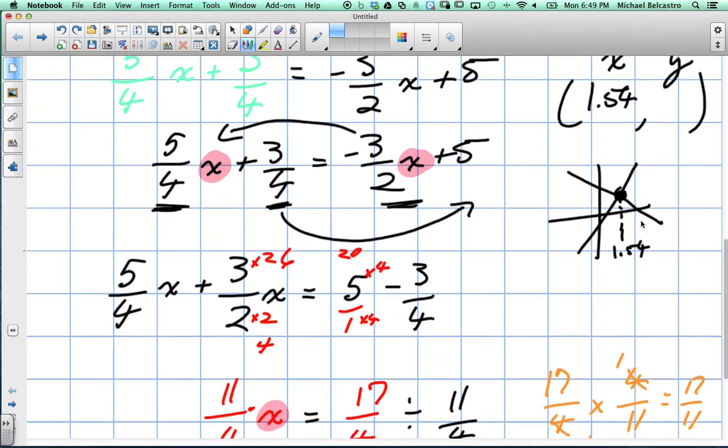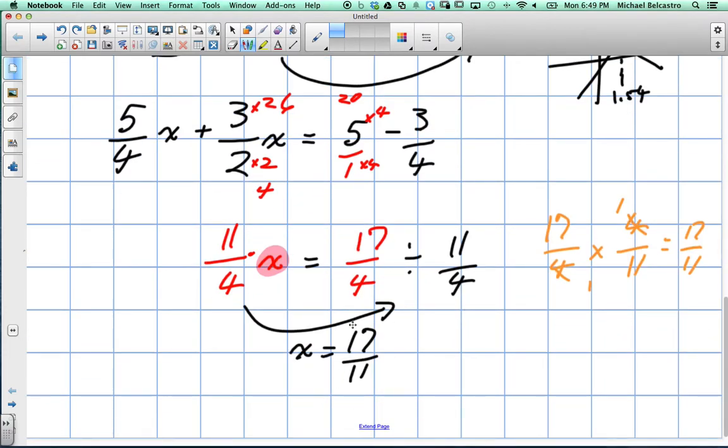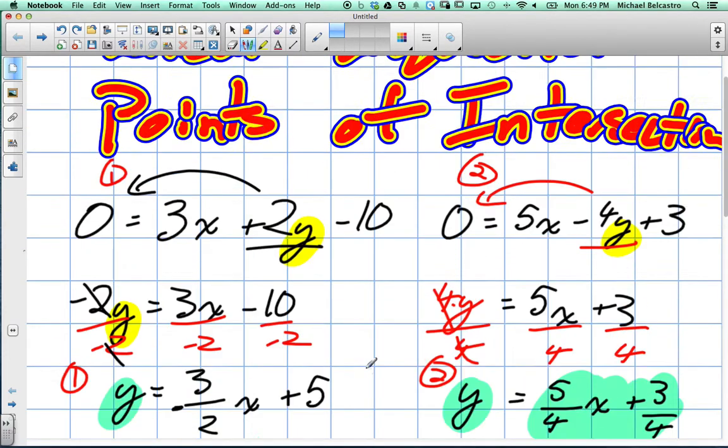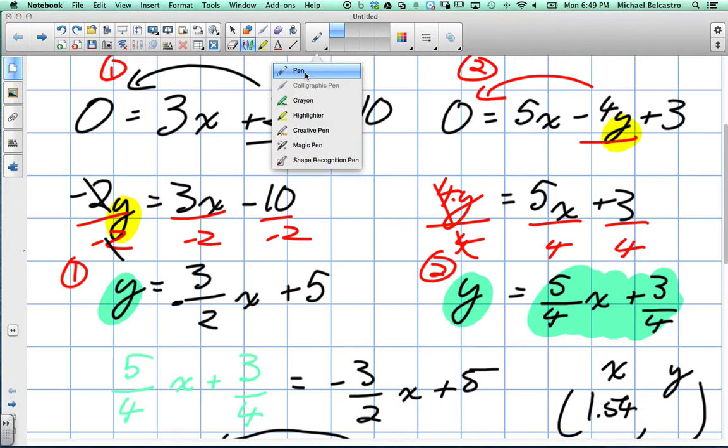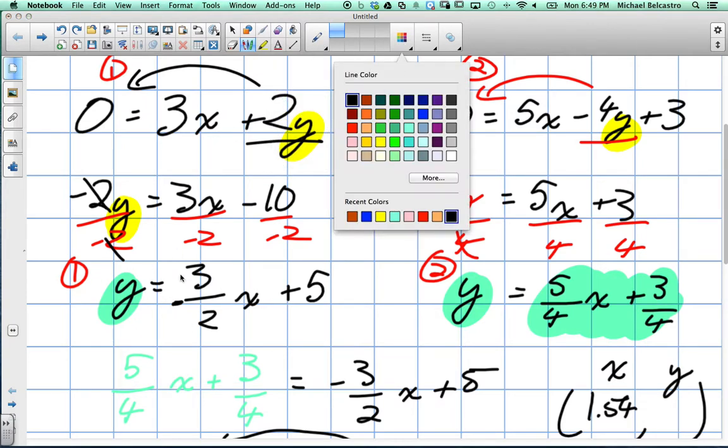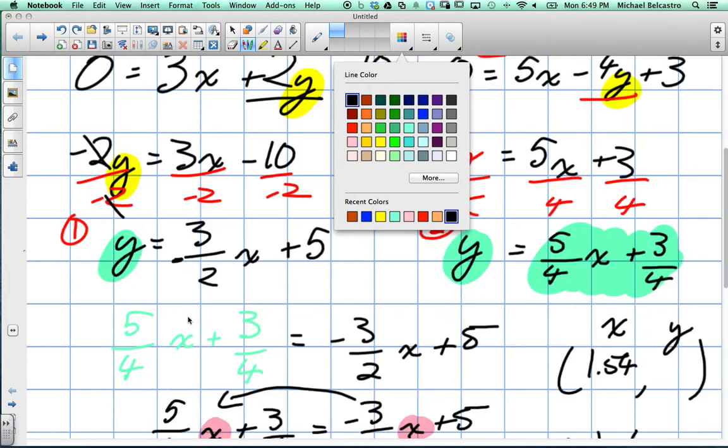And in order to do that, we do substitution again. We got to take this value and plug it into one of these two equations, either equation 1 or equation 2. We're going to replace x with it and solve for y. So I'm going to quickly take this one, y equals negative 3 over 2x plus 5.